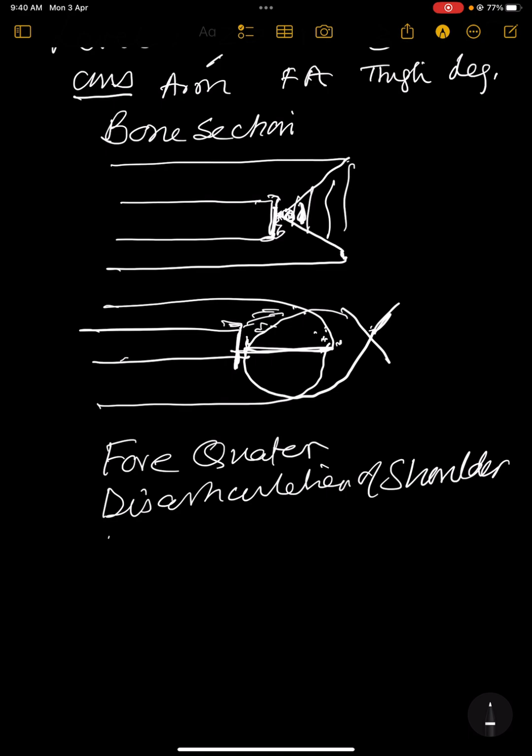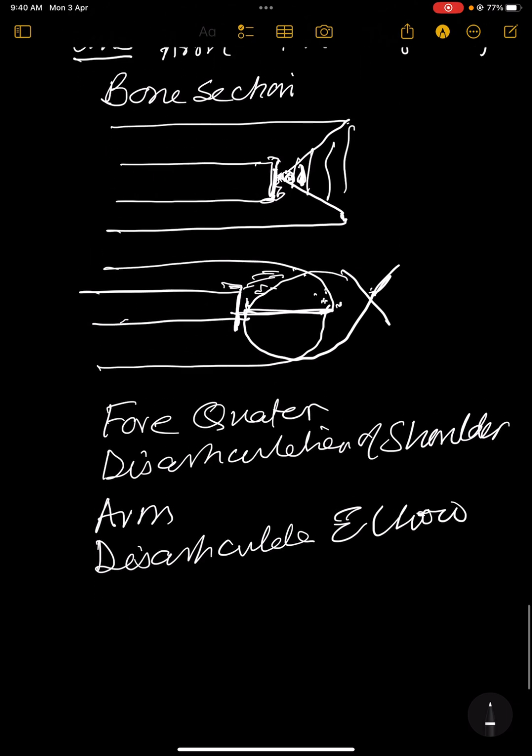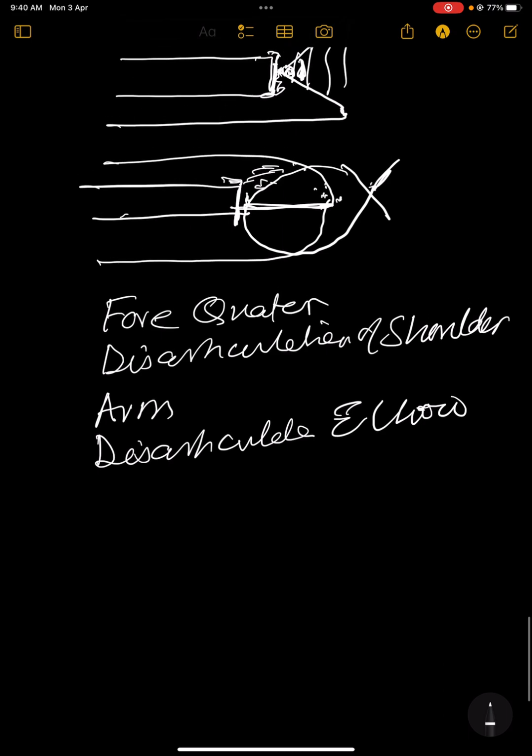There is amputation through the arm. There is disarticulation of the elbow. Then there is what is in the forearm. There is an amputation through the forearm.